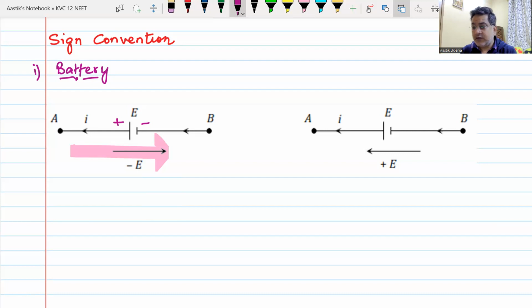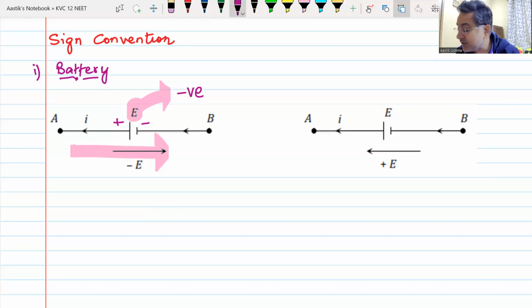That means you are moving from a point of higher potential to a point of lower potential. When you are moving from higher potential to lower potential, your potential will drop, and therefore this E will be taken as negative. Do we understand this?